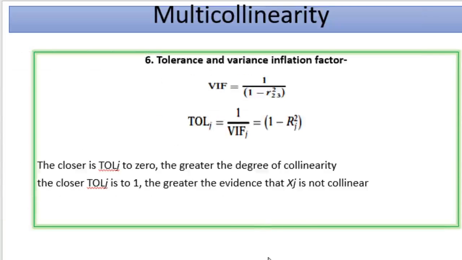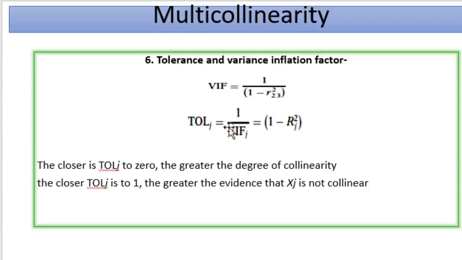And the next important detection method is the tolerance and variance inflation factor. The variance inflation factor that we have already seen is defined as 1 divided by 1 minus R23 squared, where R23 is the correlation coefficient. If R23 tends towards 1, then we can say there is high collinearity.